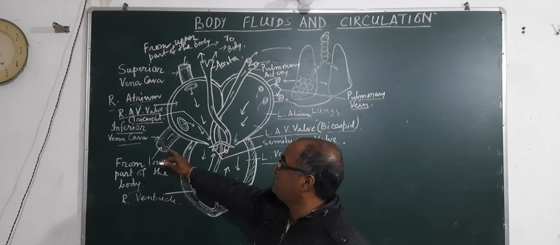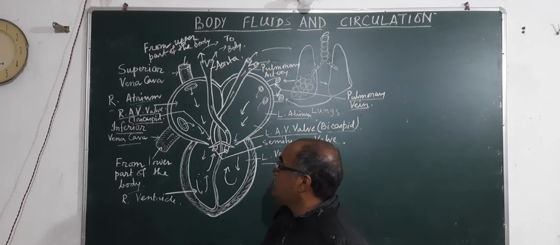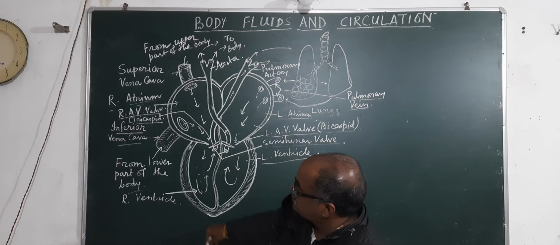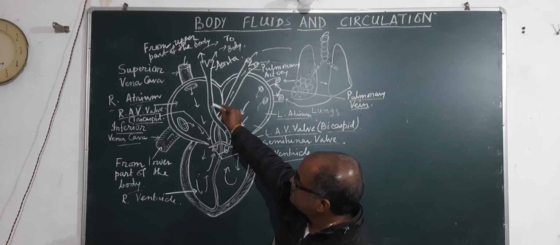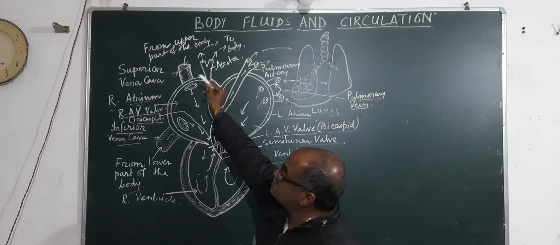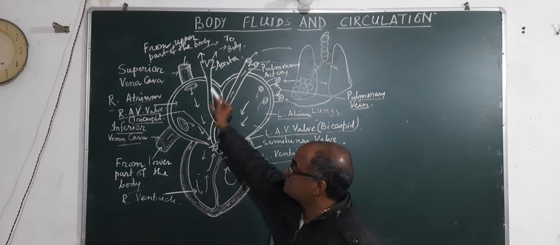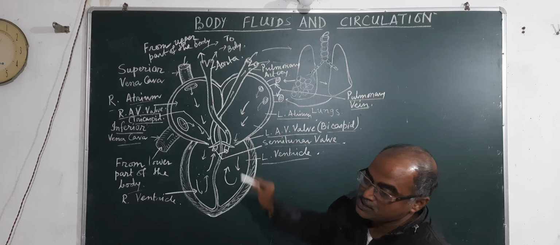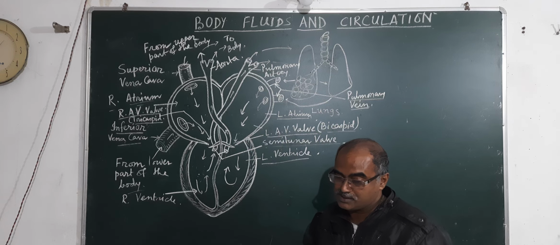So from here to each and every part of the body and moving back to the heart, this is called the systemic circulation. The systemic circulation and pulmonary circulation, two circulations are there, therefore it is called the double circulation.